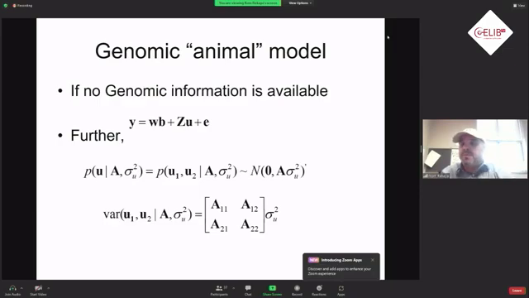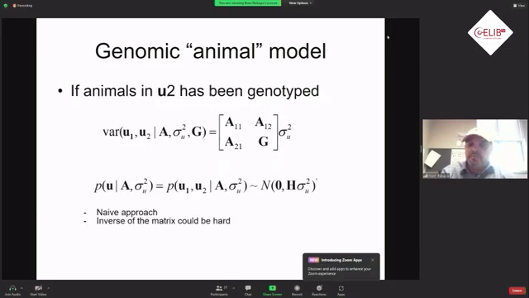That will be the matrix A. But for the genotyped animals, I have SNP genotypes, and with that I can compute observed or realized additive relationships.